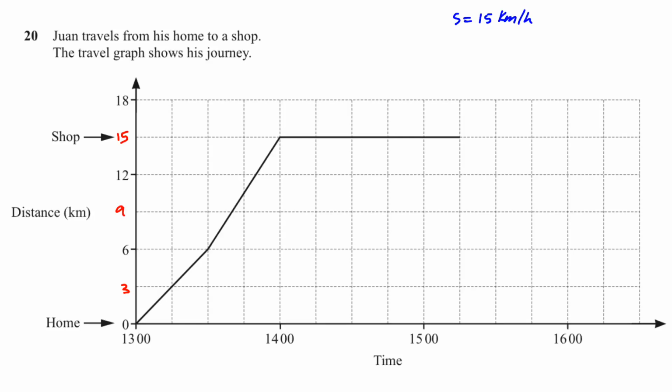And the distance from the shop to home is 15 kilometers. We just need to find the time. How do we find the time? Time is equal to distance over speed. Therefore, 15 over 15 will give us 1. It will give us 1 hour.